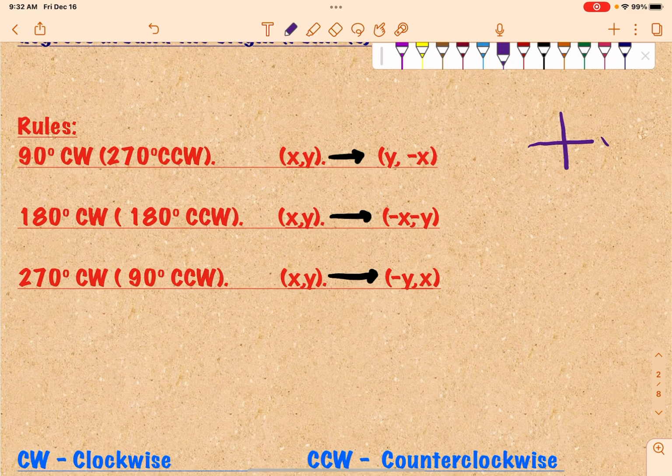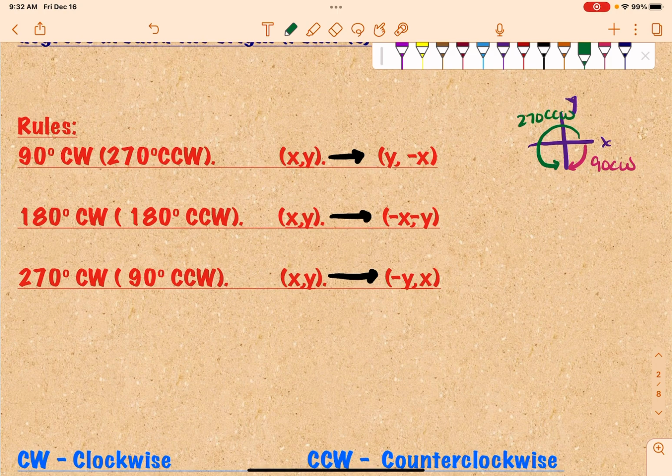So if this was my X and Y axis, and let's say I go 90 degrees clockwise, that would go here. And if I start in the same spot, if I go 270 counterclockwise, we end up at the same point.